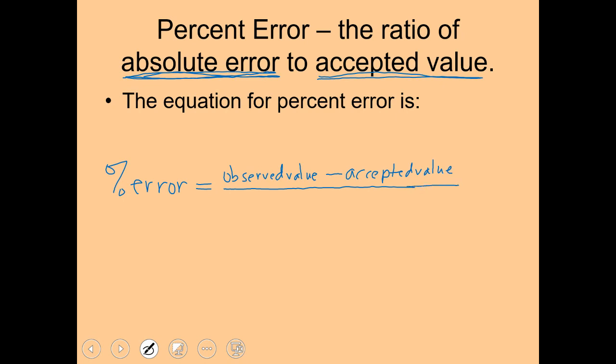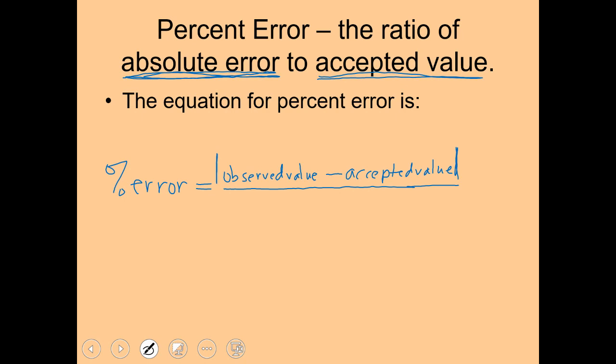That's the absolute error. And you want to take the absolute value of that because sometimes the accepted value might be a little higher than the observed value. Like, maybe you measured the length of something and you got 9.8 meters, but the accepted value is a full 10 meters.